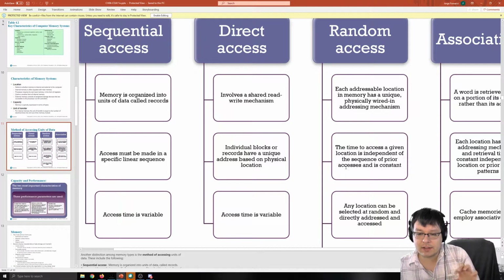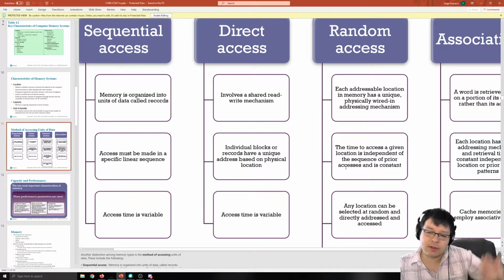Okay, so if I access address 50 in memory and now I'm addressing address 10, it's going to take me the same time that it would have taken me to access address 5. There's still going to be a potential delay between different accesses of addresses, which we'll talk about as the memory cycle time. But at this point, all we're saying is that it is a constant time to access between things.